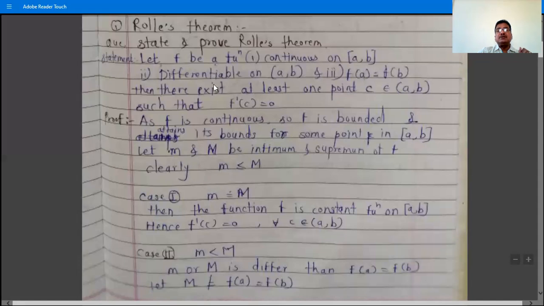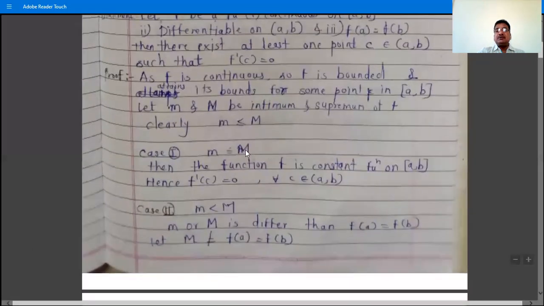This is because the function f is a function from the closed interval AB to R. Small m is always less than or equal to capital M. Case number 1: suppose small m is equal to capital M. Then the function f is constant on the closed interval AB.